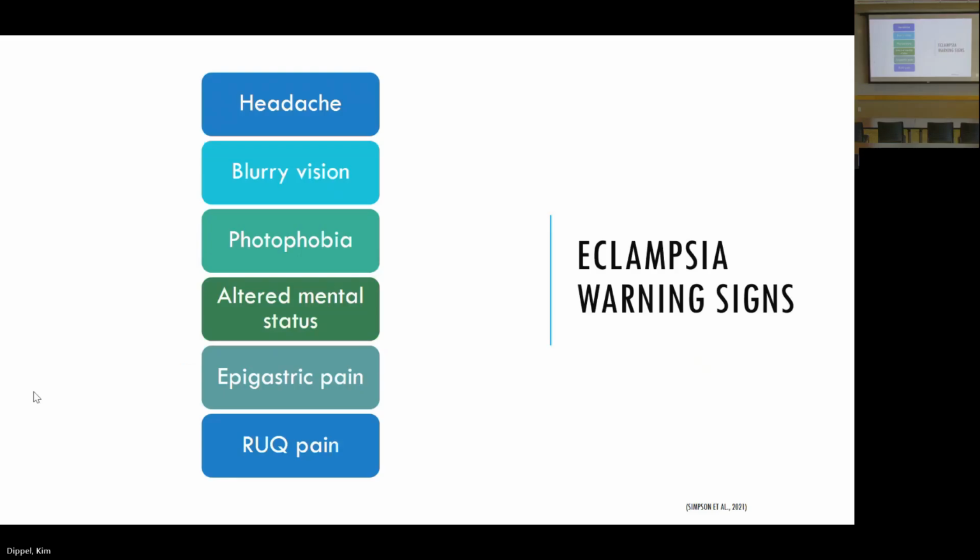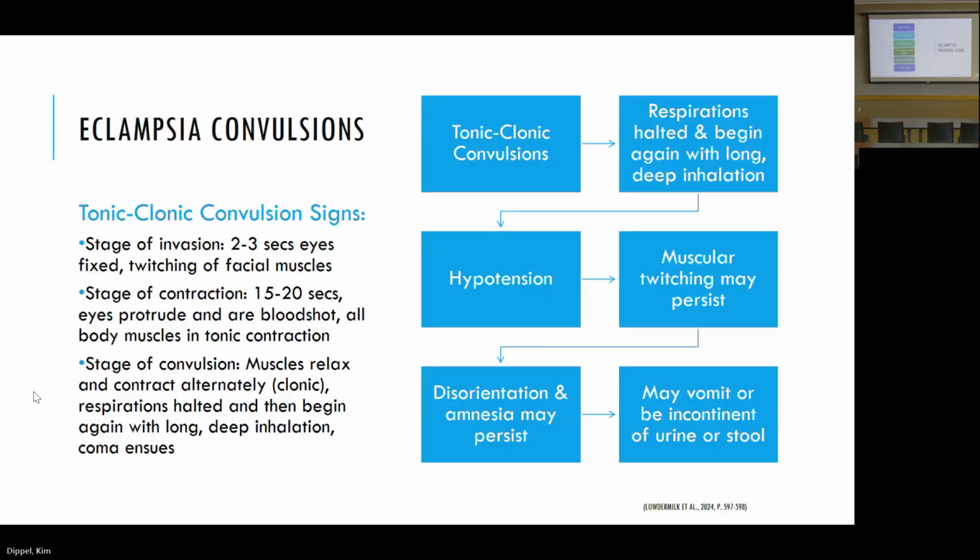So here are some warning signs. Patients may or may not exhibit any of these: headache, blurry vision, photophobia, altered mental state, some epigastric pain. Okay, and then tonic clonic convulsions.